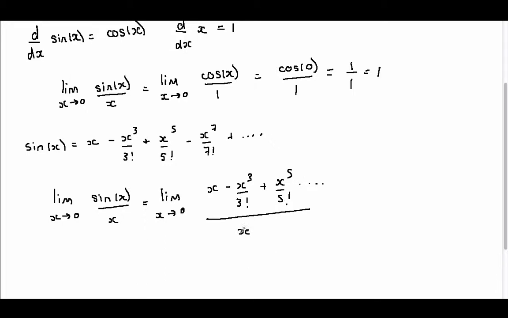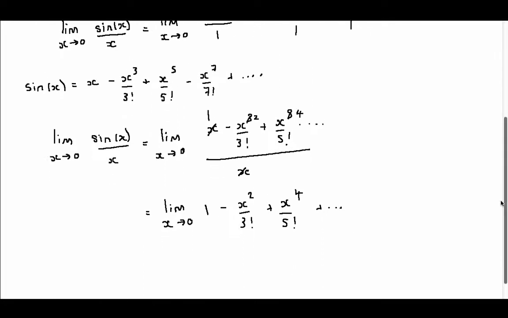Now this x can divide into everything, so it divides here to give us 1, here to leave us with an x squared, here to leave us with an x to the 4, etc. So we can see that this becomes the limit as x tends to 0 of 1 minus x squared over 3 factorial plus x to the 4 over 5 factorial.